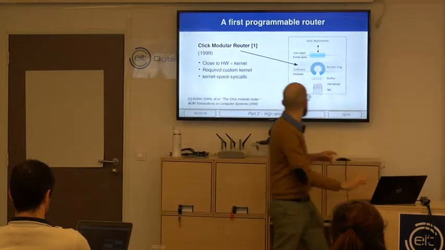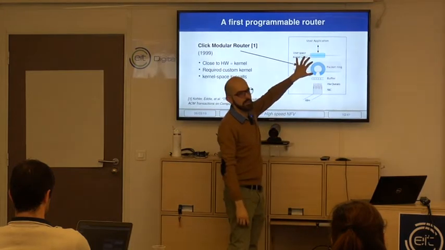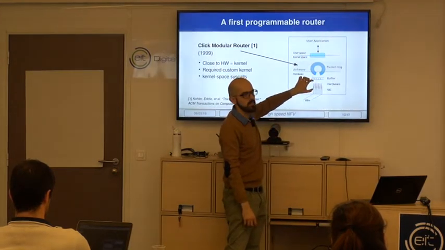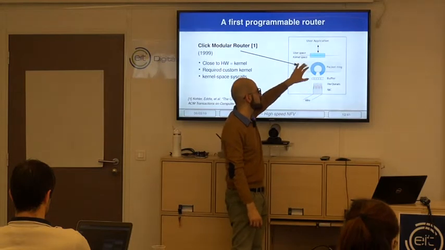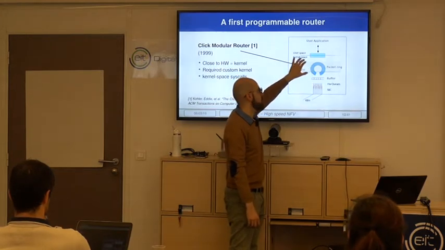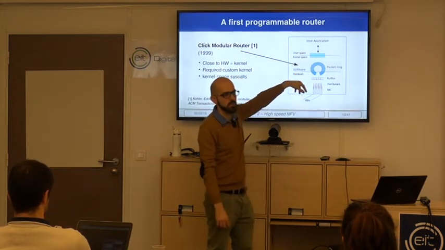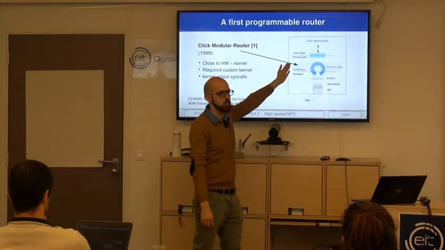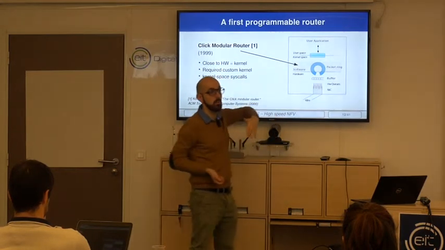Yes, so the size of the software queue is the software ring. The hardware queue is defined at the hardware. You typically want the ring to match exactly the size of the NIC. In our case it was 4,000 packets, but you can use even smaller queues.